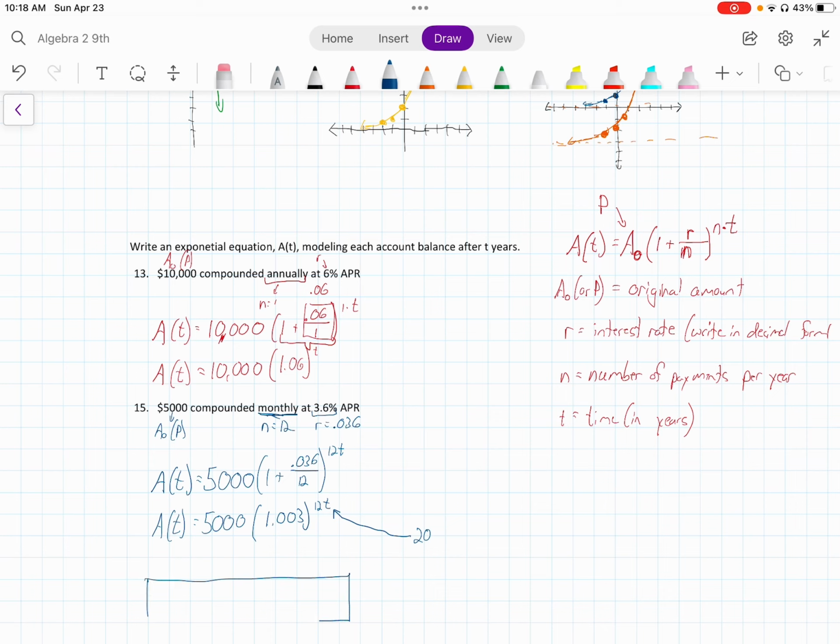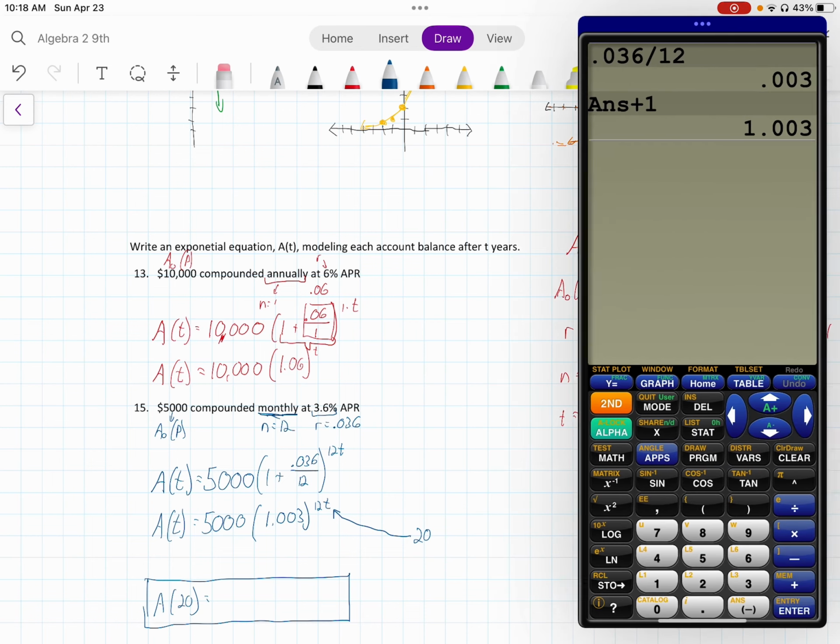Let's try this out. It's pretty easy to just type into a calculator. A of 20 is going to equal, let's bring that calculator back out.